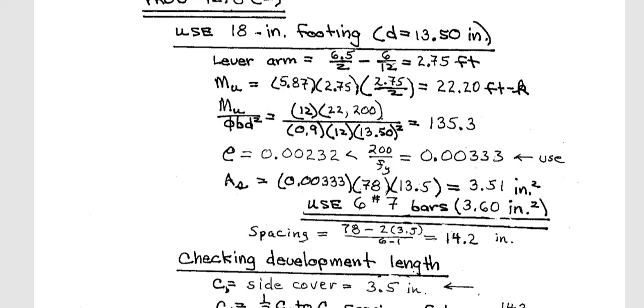A11 is 50 and 4 psi. Table A10 is 50,000 psi and 3,000. Not this one. What about 12? Yes, it is 12. Fy 60,000 psi and f prime c 3,000 psi.